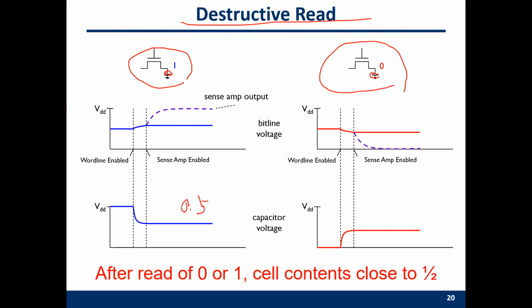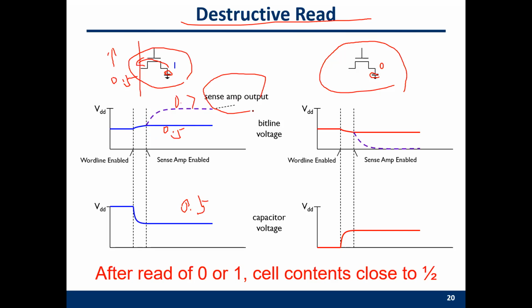In order to read the cell, we pre-charge the bit line, this is the bit line, to 0.5. If the cell stores 1, which means VDD, the charge will flow from the capacitor to the bit line, so the bit line voltage will go up from 0.5 to 0.6 or 0.7.